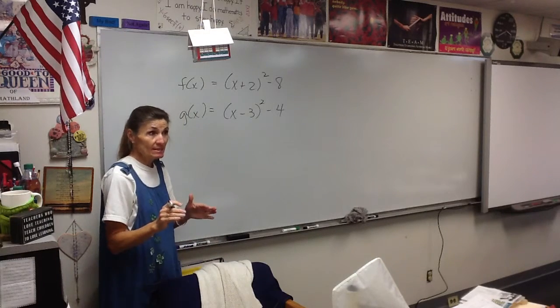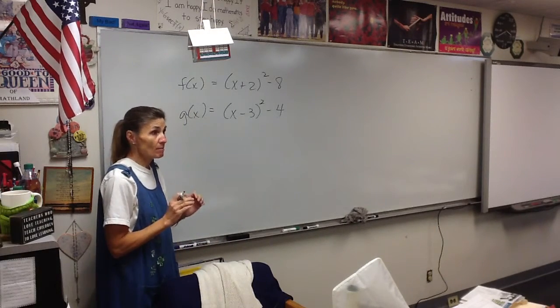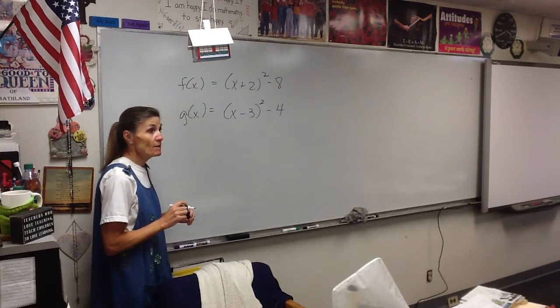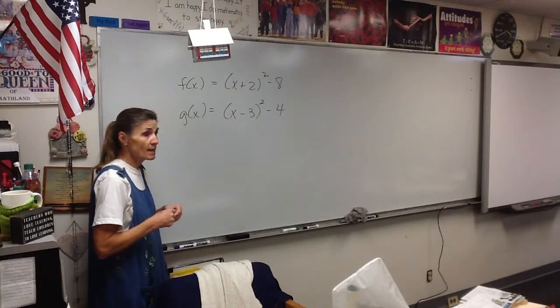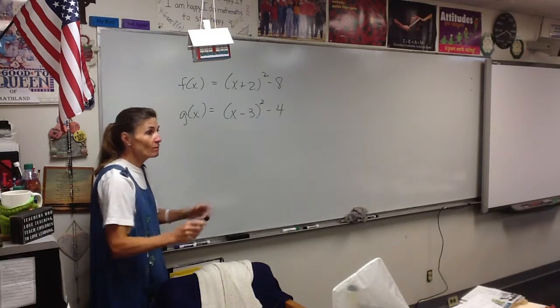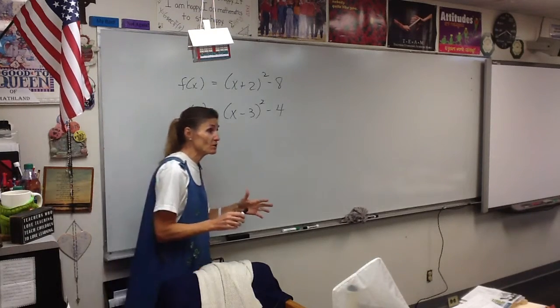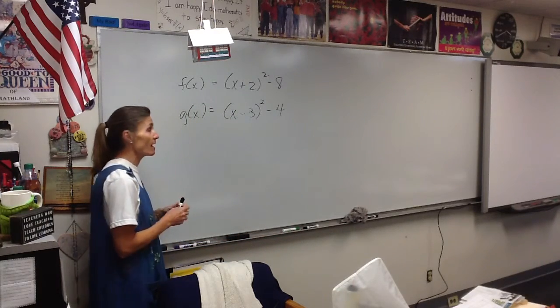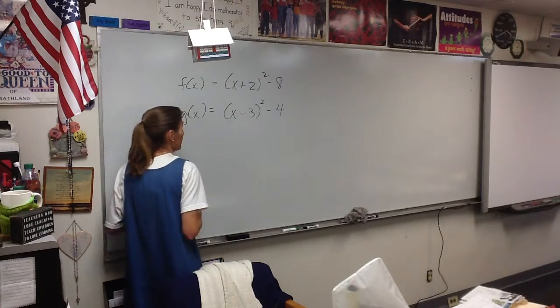They're in different places, but they are the same curve. These are both just little parabolas. How do I know that they're the same size? There's no coefficients. Or if there were coefficients, they would be the same coefficients. Then I would know they were exactly the same size. These are the same parabola.